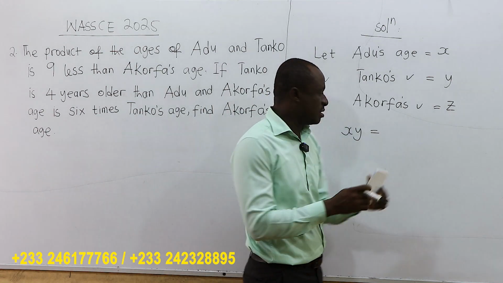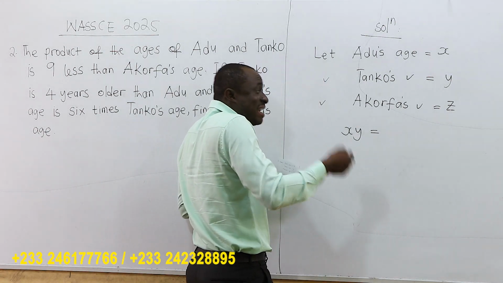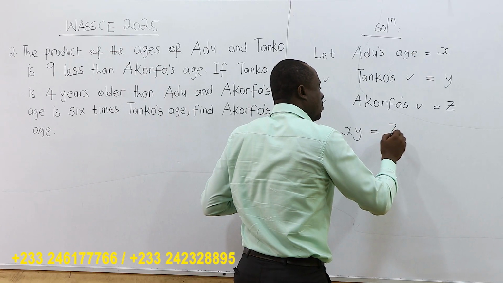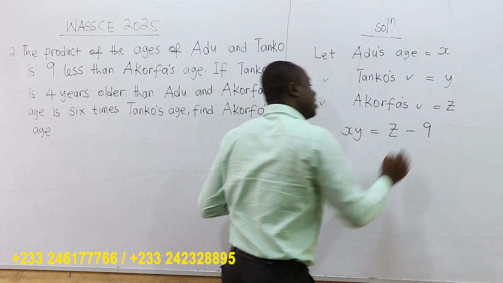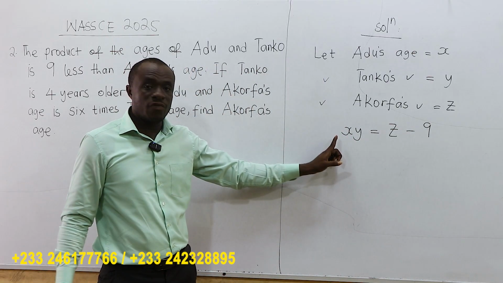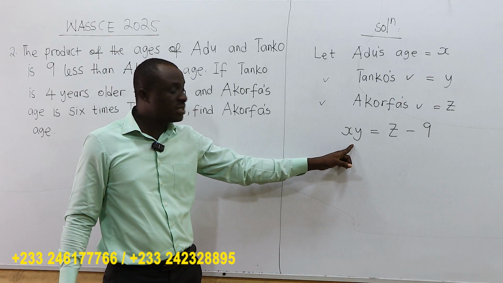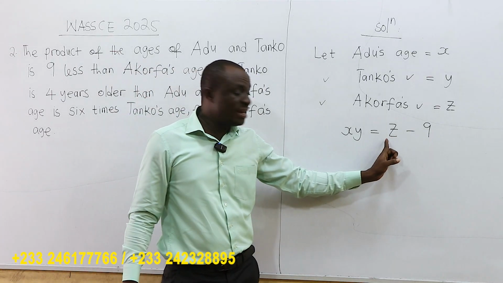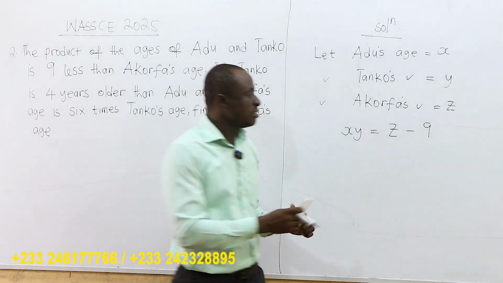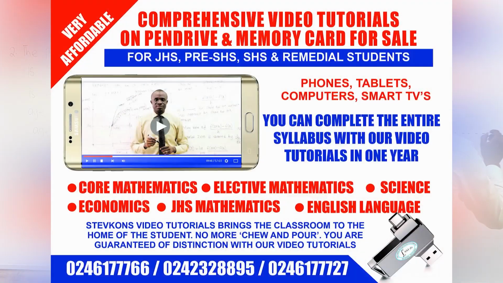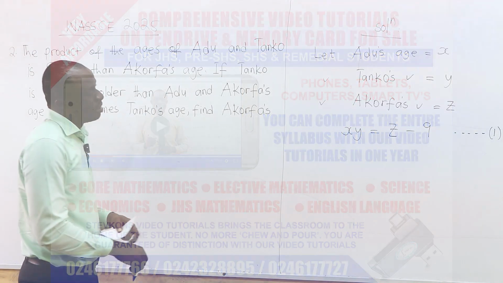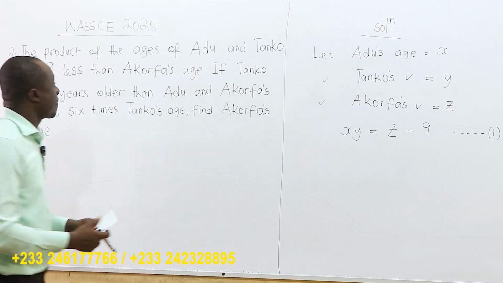Akofe's age is Z, so 9 less than that is Z minus 9. So XY = Z - 9. Let's call this equation 1.